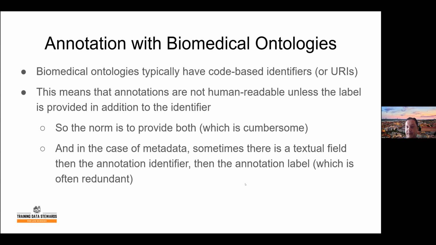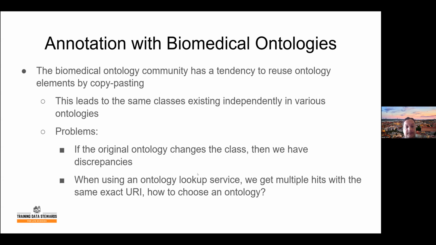So this is one of the aspects that could be improved in terms of usage of biomedical ontologies to describe data and metadata. And the worst aspect, actually, of using biomedical ontologies is the tendency that the biomedical ontology community has to reuse ontology elements by copy-pasting.